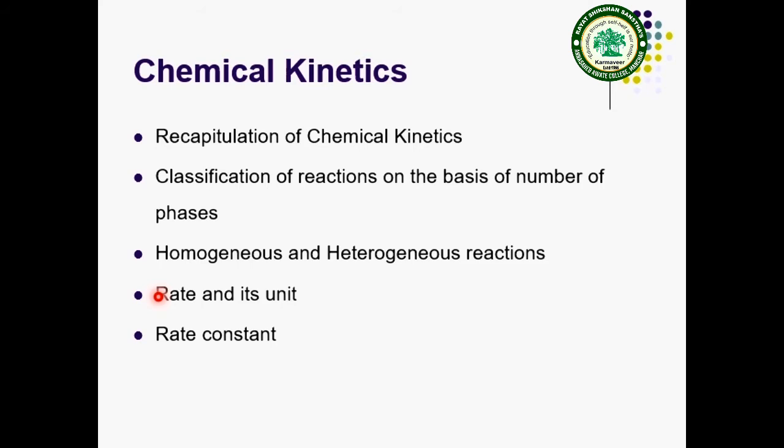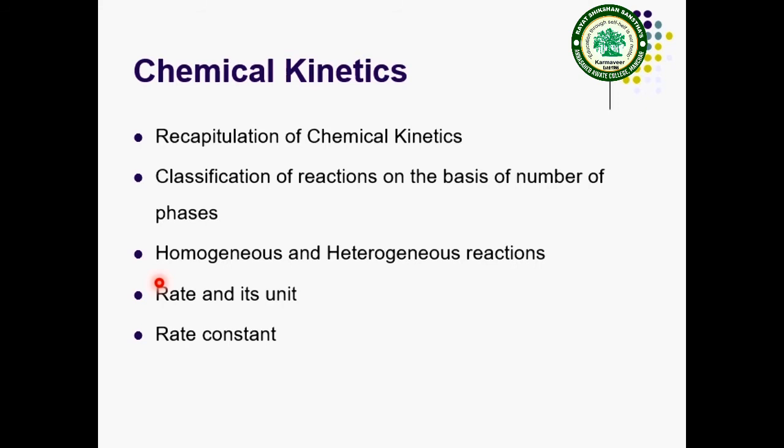Now let us consider the general reaction A plus B gives C plus D, where A and B are the reactants and C and D are the products. So according to the rate law equation, for this reaction, dx by dt is proportional to concentration of A into concentration of B.